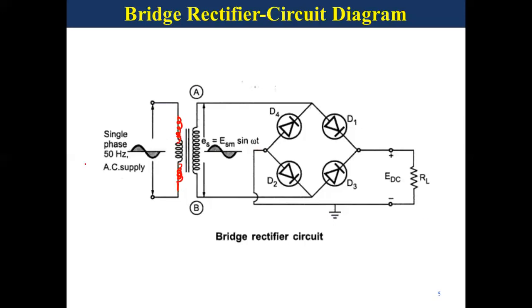One diagonal, which I'm calling A and B, is connected to the secondary of the transformer. From the other diagonal, C and D, we are getting the rectified DC voltage, which is applied to the load RL. Here the arrangement of the load is very important. I already told that the load must be arranged in such a way that current flowing through the load during positive and negative half cycles must have the same direction.